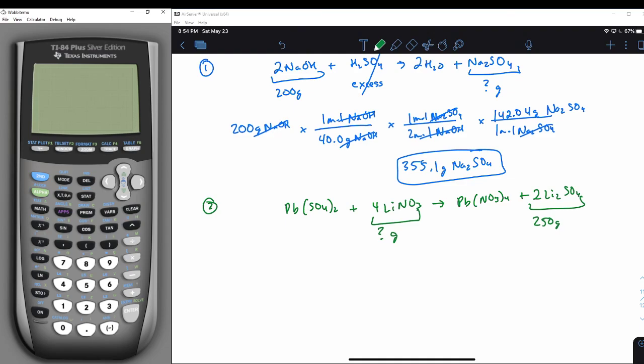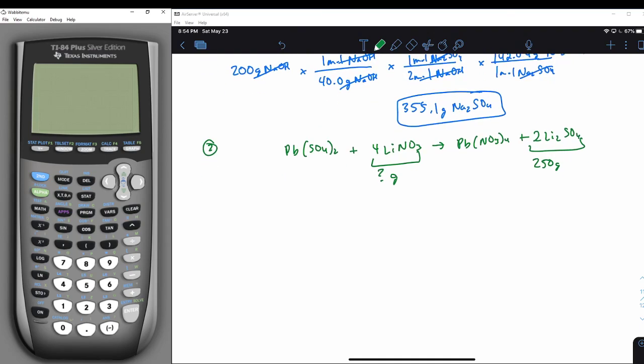Now, it doesn't matter which side of the reaction you start on or which side of the reaction you end on. As long as the two substances are in the same reaction, you can convert between them. So they could both be reactants, both be products, one be a reactant, one be a product. It doesn't really matter.